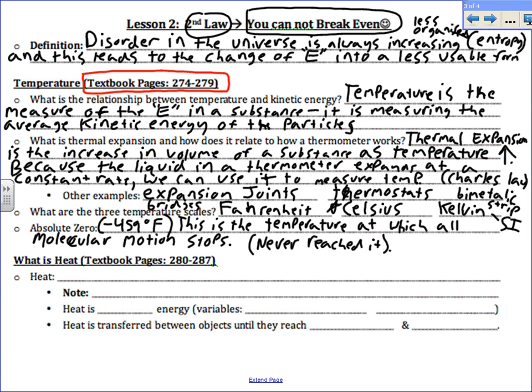Okay? So the next section we're going to be looking at is: what is heat? And this can be found in your textbook on pages 280 to 287, so you can look there to see what heat is.